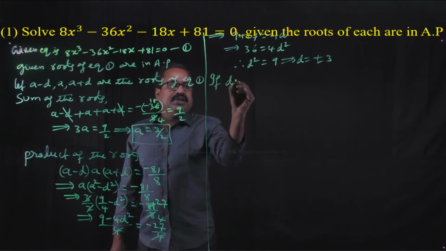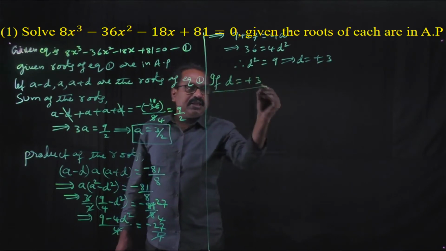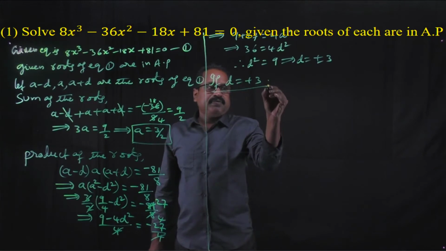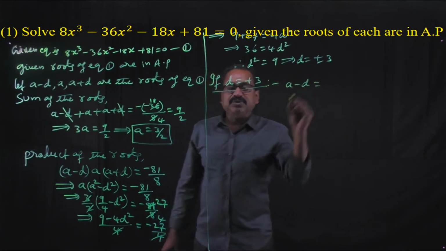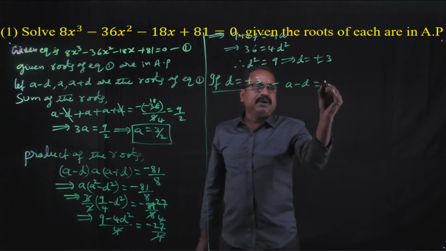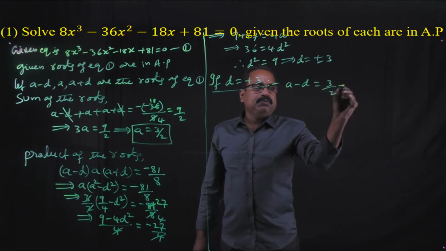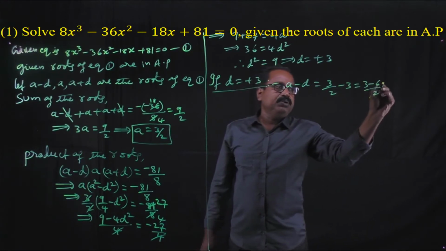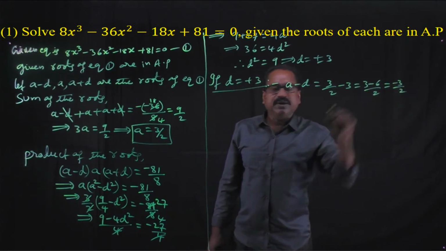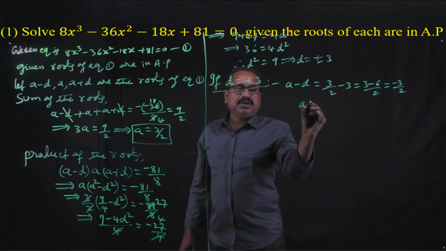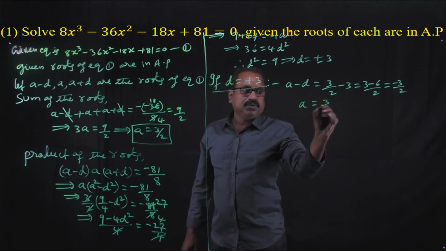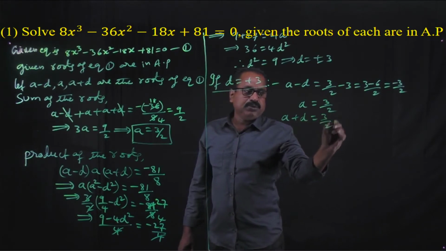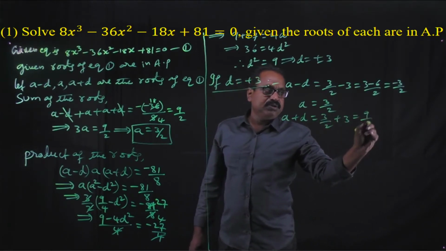If d is equal to plus 3, a minus d is equal to 3 by 2 minus 3, that is 3 minus 6 by 2, that is equal to minus 3 by 2. a is equal to 3 by 2. a plus d is equal to 3 by 2 plus 3, that is equal to 9 by 2.